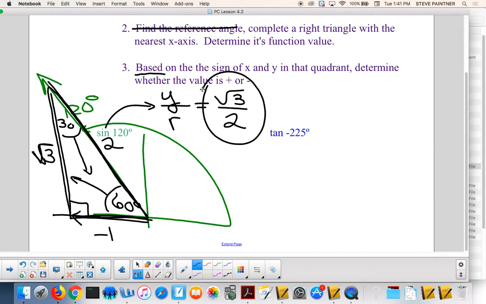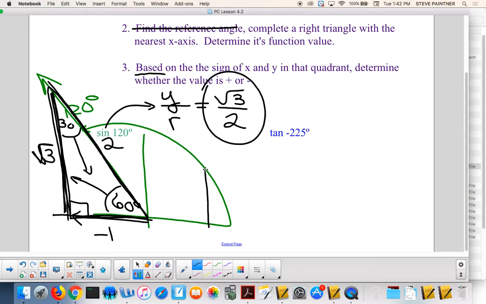Well, all you had to say was the y value is positive. So here's the deal. Sine is positive in this quadrant. Where else is sine positive? Yes, because in quadrant 1, guess what? Sine is up, so it's positive. We're going to talk more about that later.